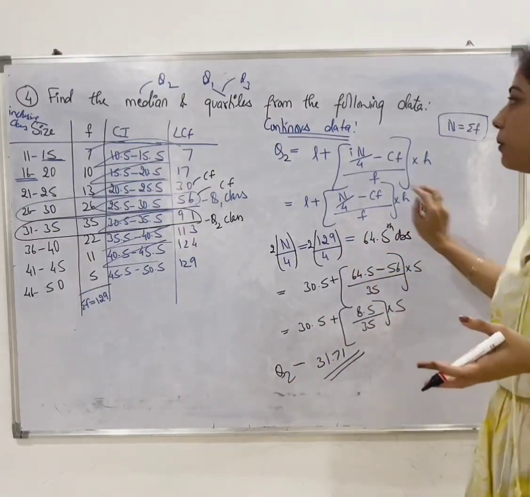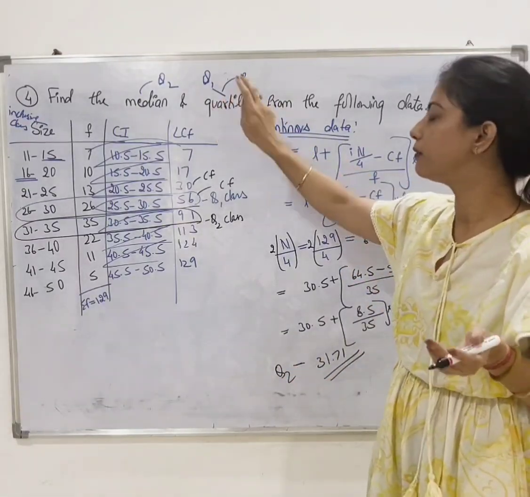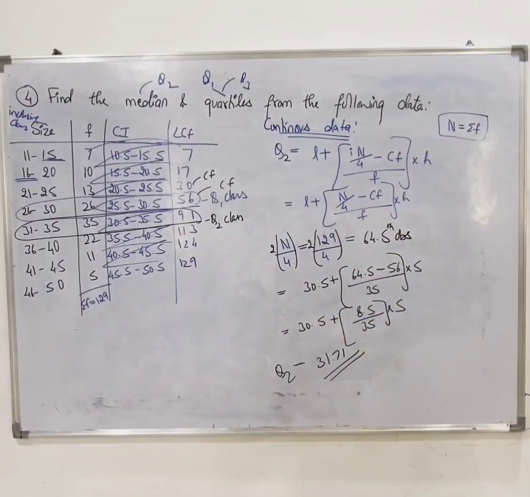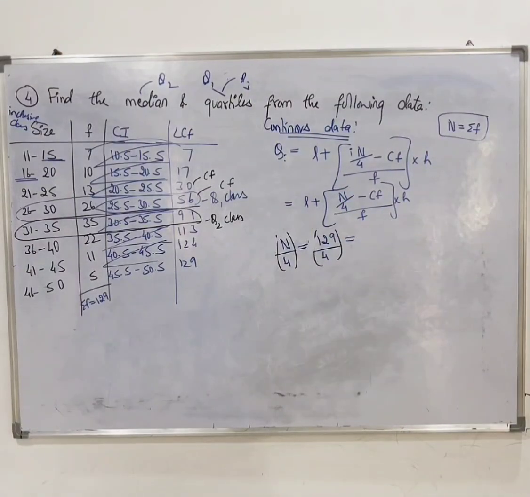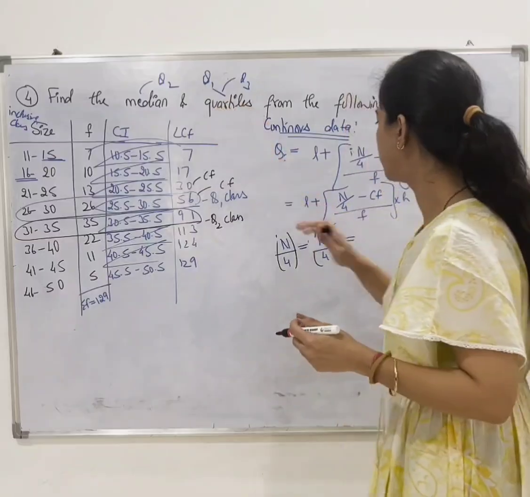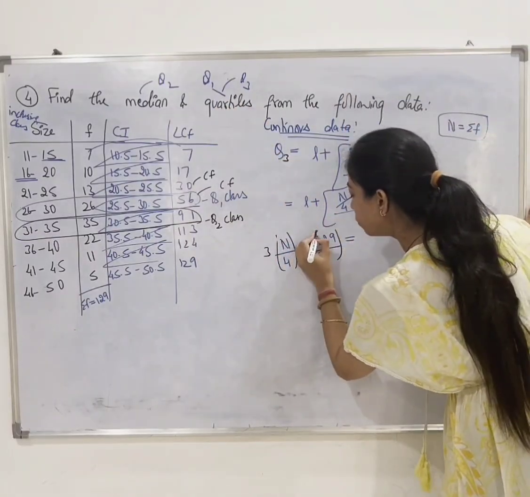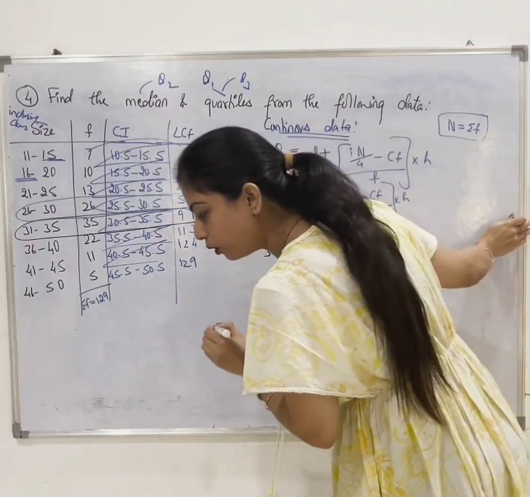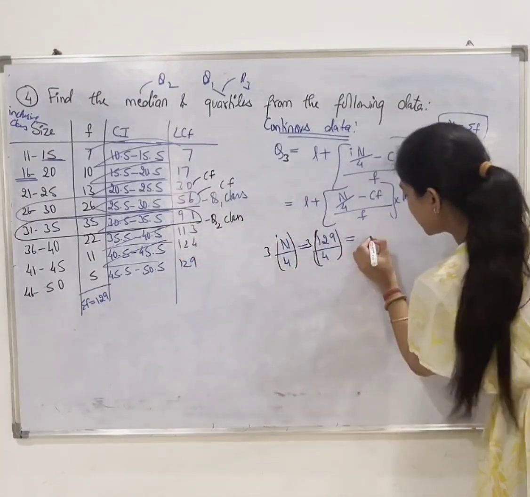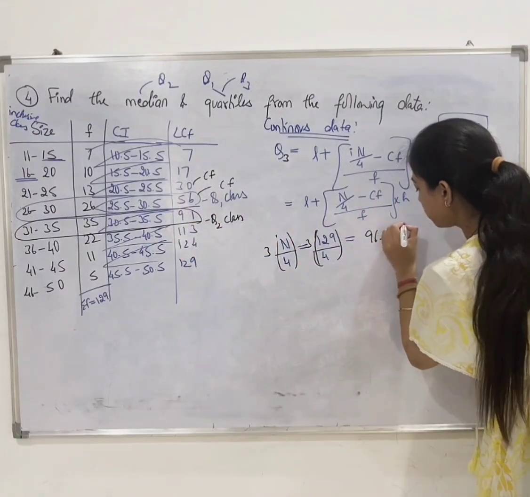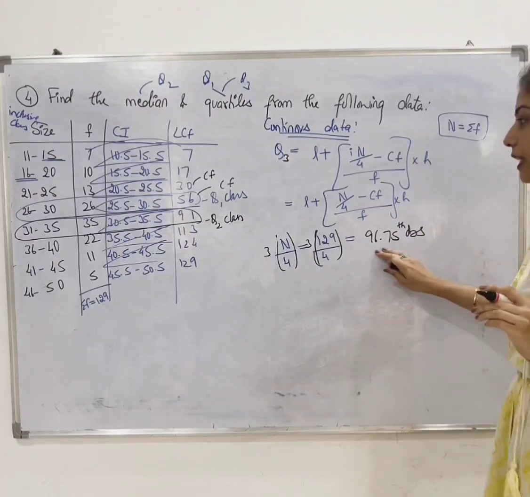Now similarly, in a similar manner, we'll be finding the value of Q3. So let us see Q3. So we will be calculating Q3. Again, we need to multiply 3 with N by 4. So multiplying 3 with N by 4, we will be getting 96.75 observation. We need to search this 96.75 again here.